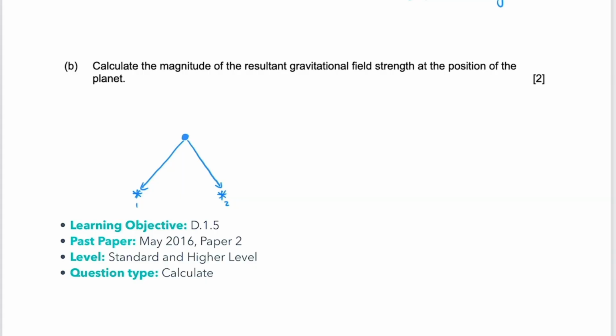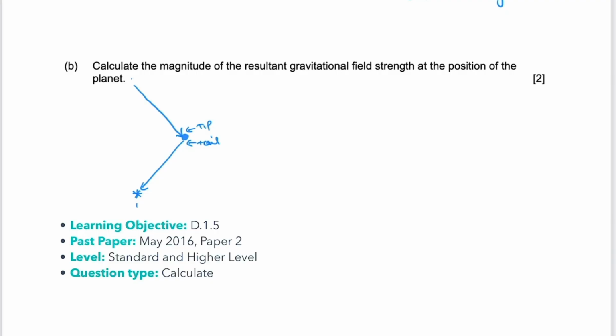That means when you add vectors together, or you get the resultant gravitational field strength, you have to add these vectors tip to tail. So instead of showing the diagram like we have there, we're going to take this all out, and we're going to put our gravitational field strength in respect of star 2 like this, because we're adding them tip to tail.